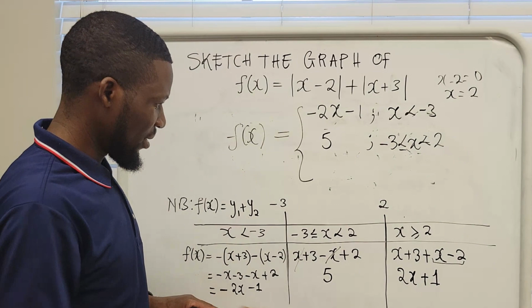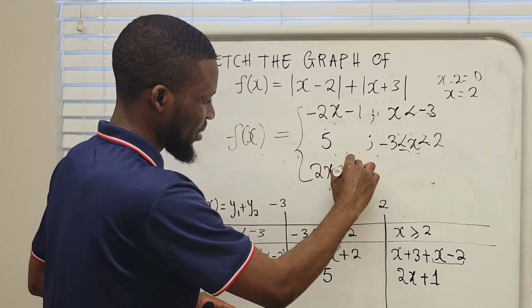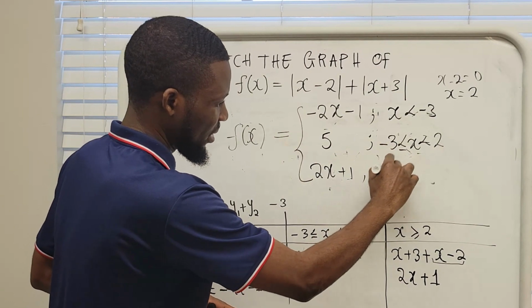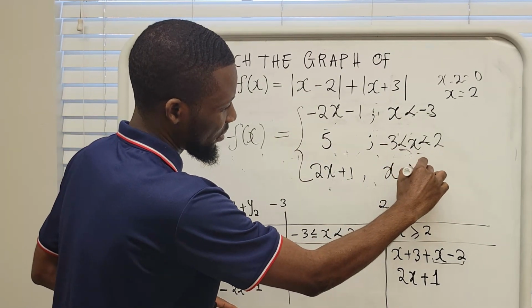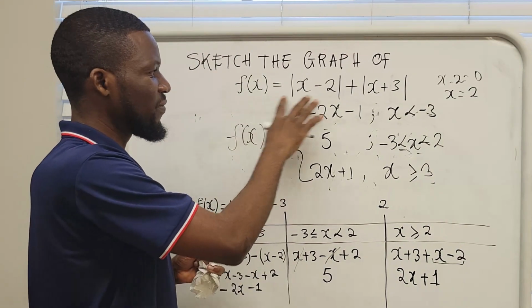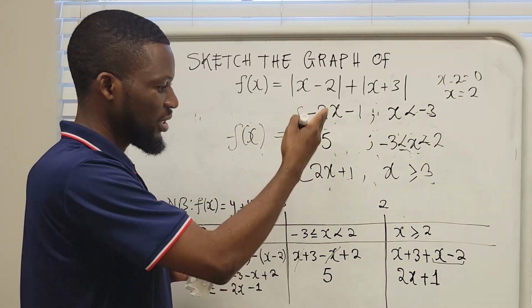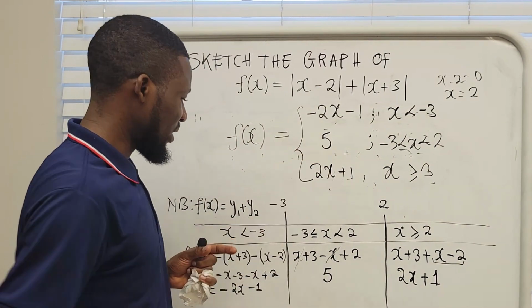And the last part is 2x plus 1 when x is greater than or equal to 2. So sketching the graph of this sum of absolute values is equivalent to sketching this function.